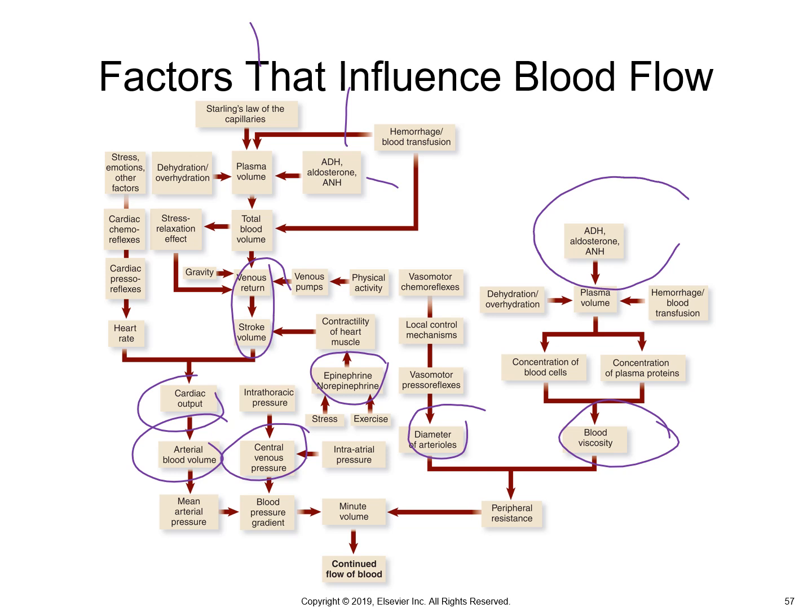So this flow chart shows us the various systems that work together to help maintain the blood flow under different physiological conditions. It's a visual to show that there are many different factors that can influence our blood flow.